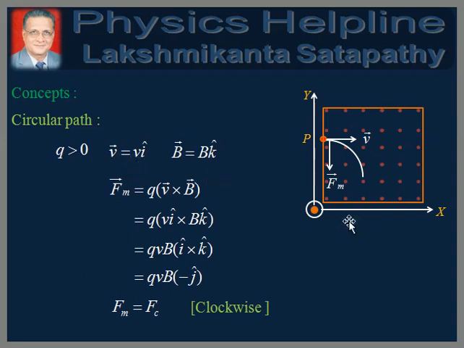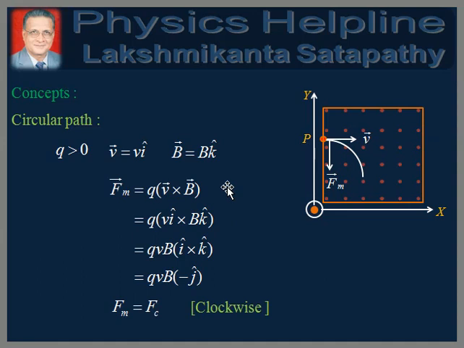And the magnetic field represented by these dots means that the field direction is out of the plane of the figure, perpendicular to the plane and out of it, which happens to be the positive direction of the z-axis. So, the magnetic field vector is equal to B k cap.